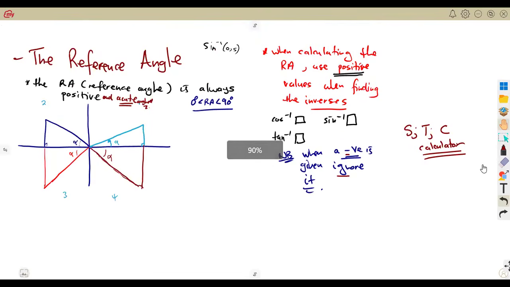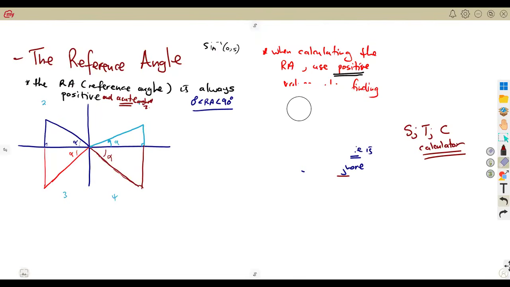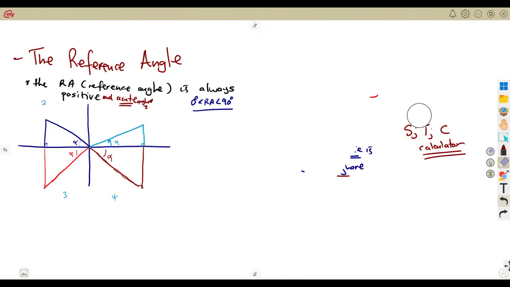So what does it mean? From the reference angle, we are going to determine the actual angle. And the actual angle can be positive, can be negative. In this class, when I talk of the positive angles versus the negative angles, we're going to see negative angles, but it is not a major part. The major part is that we're going to consider the positive angles from reference angles.